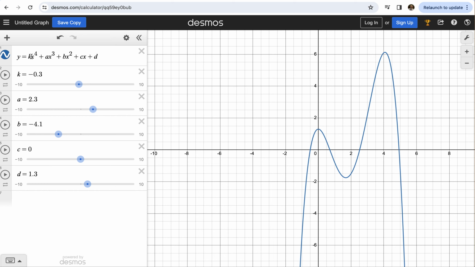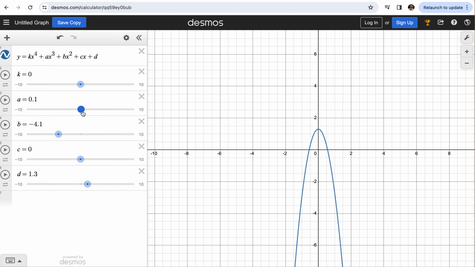The highest power is 4, and a degree 4 can have 1 turn, 2 turns, and 3 turns. If k was 0, we're back to a cubic. This is a cubic, it has degree 3, because k is 0, so this term's gone. And if I make a go to 0, then the degree is 2.